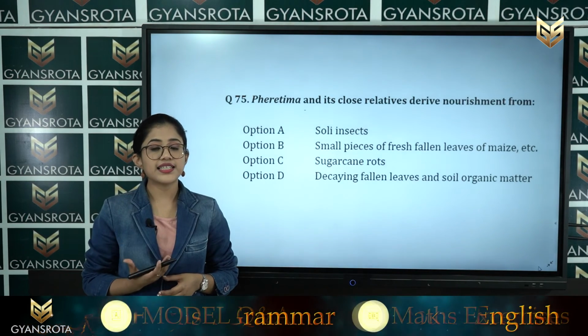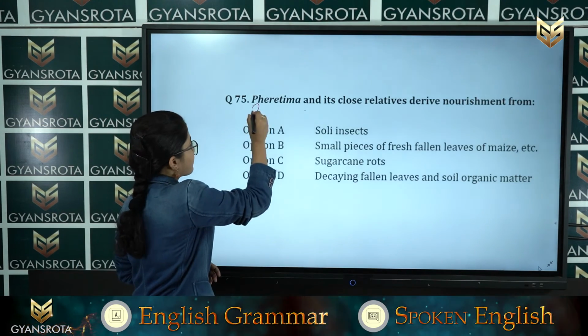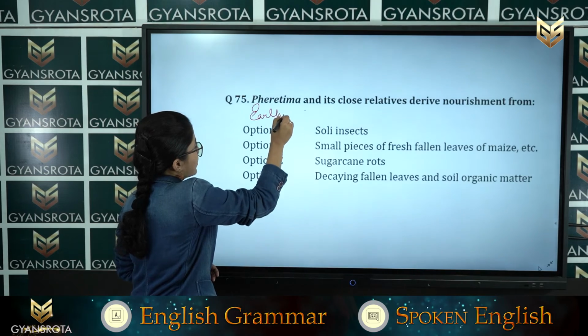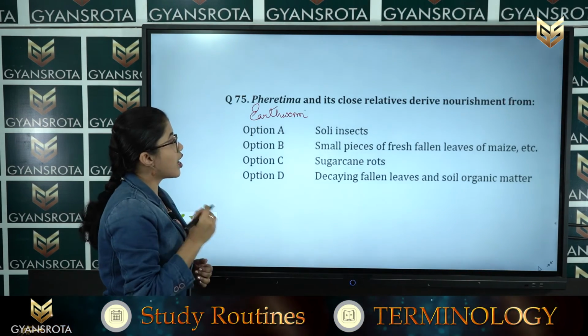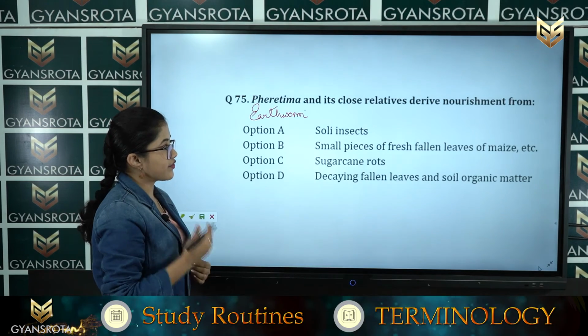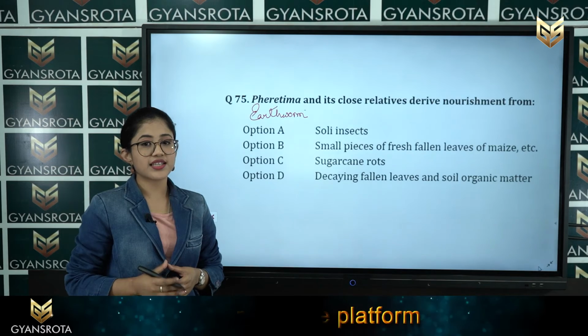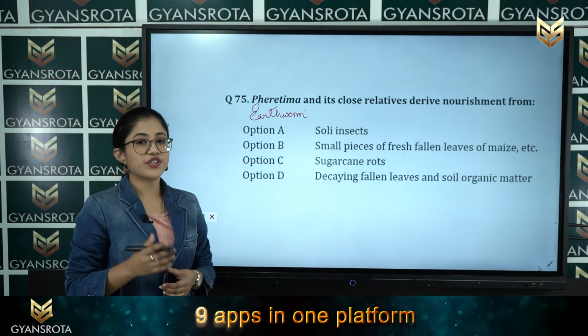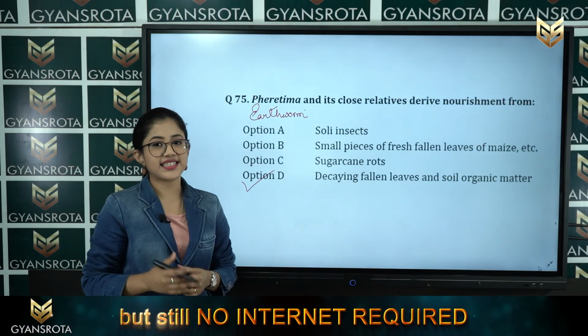Student, Pheretima, this is the scientific name of earthworm, right? So, earthworm and its close relatives derive nourishment from decaying fallen leaves and soil organic matter, which is given in option number D. So, option number D is the correct answer.